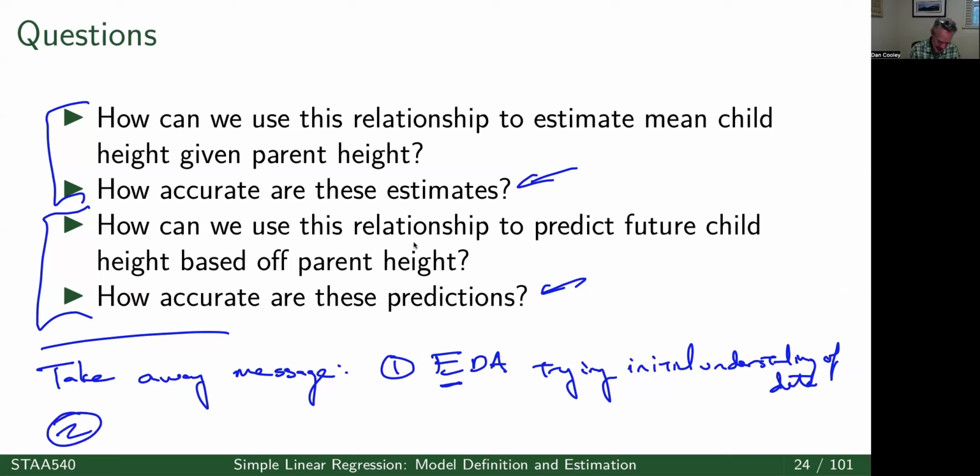But the second piece, and this is what I think was done with the pictures that were shown in the slides, is trying to tell the story. Your job as a practicing statistician is to tell the story. If you go in and you say, well, the estimate of beta 1 is 0.7, so what? That's not telling the story.